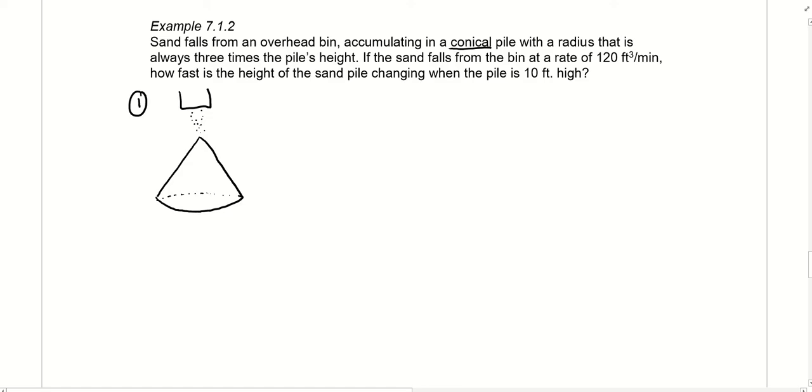And with this cone, we have 2 quantities. We have the radius, so the bottom of the cone is a circle with a certain radius, and we have the height of the pile. So I'll say here r is the radius of the pile, h is the height of the pile.